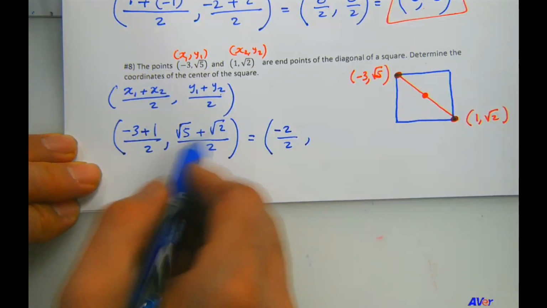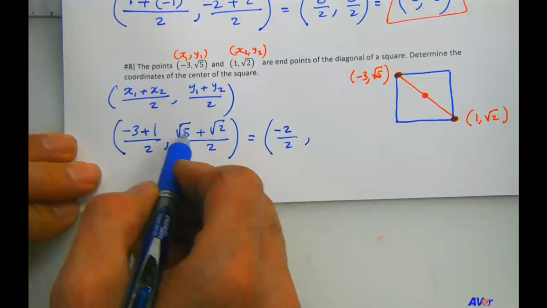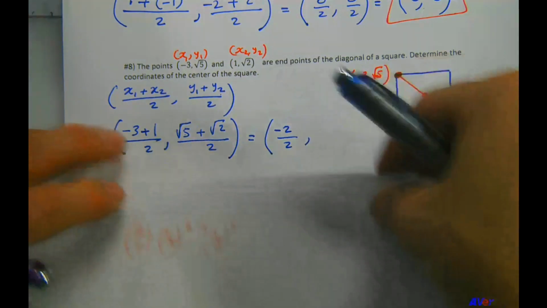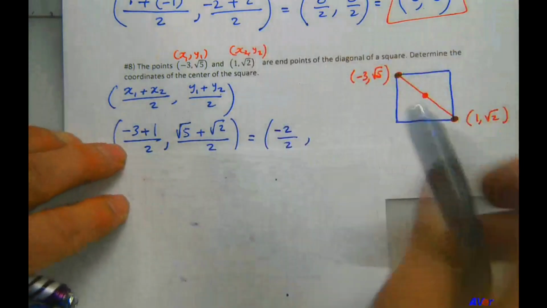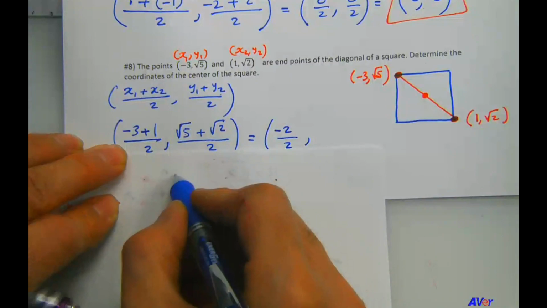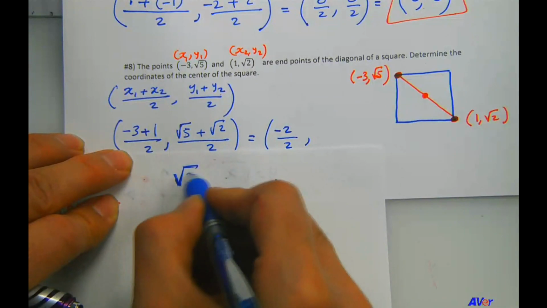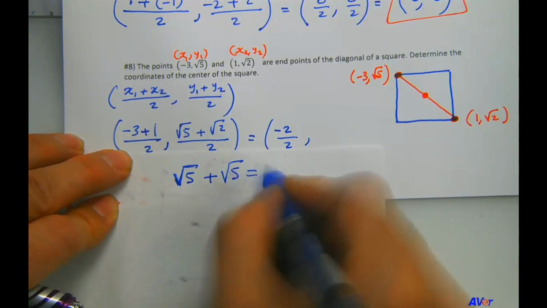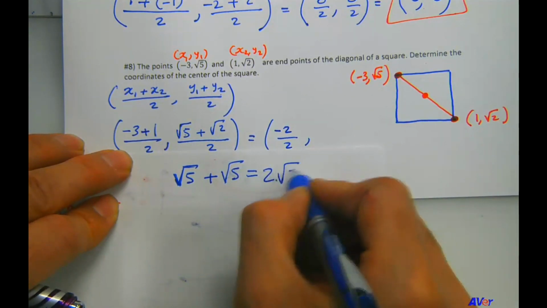We cannot combine these guys. If this was square root of 2 plus square root of 2, then I would say, let me bring my scratch paper here. I need to explain this. If we had square root of 5 plus square root of 5, you could write 2 square root of 5.